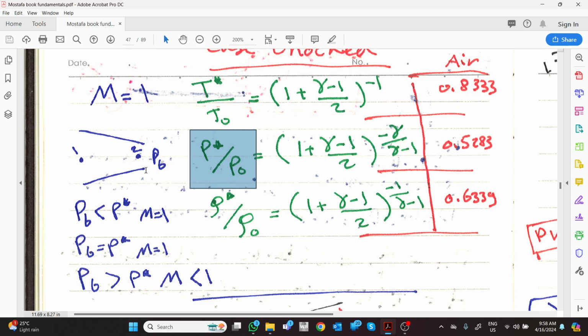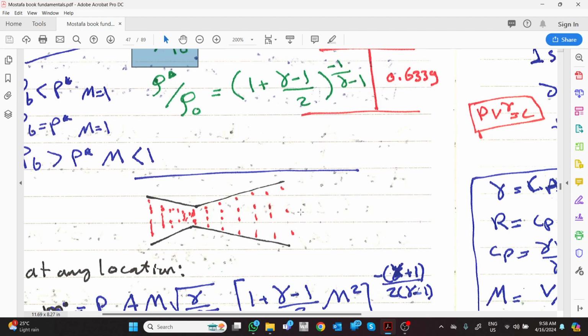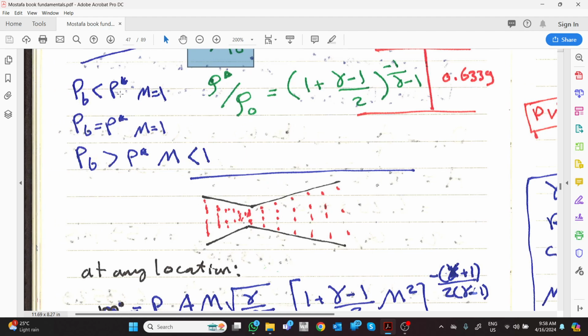In another way, the back pressure, which is going to be here, because at the start of the flow there is no supersonic flow here, so the flow here can see whatever it is here. So while the back pressure is less than the pressure here, the flow will continue, so you can reach Mach number 1.